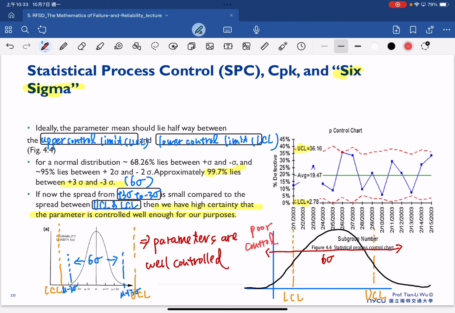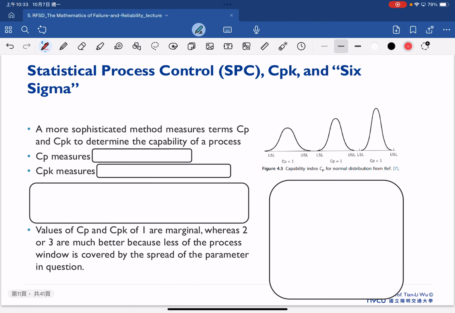And of course, we have some more details related to statistical process control. The information you have to know is a more sophisticated measure term for CP and CPK, which determine the capability of a process.